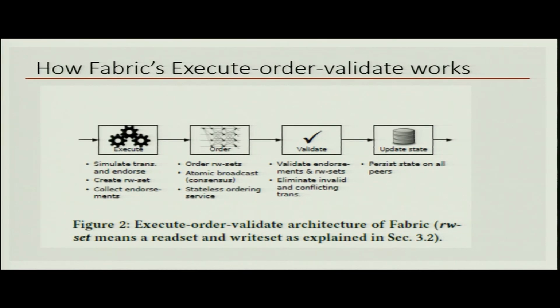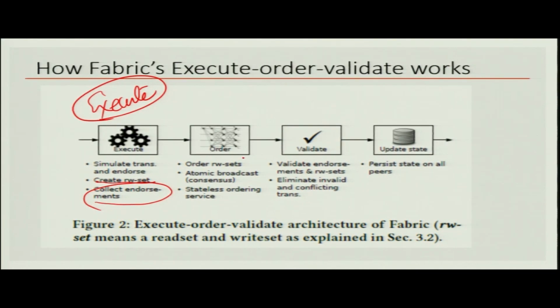So, coming back to a picture similar to what you saw before, in Hyperledger Fabric, we have execute, that is where the endorsers execute or simulate the execution of the transactions and create the read write sets. So, they create the read write set and send the endorsements.